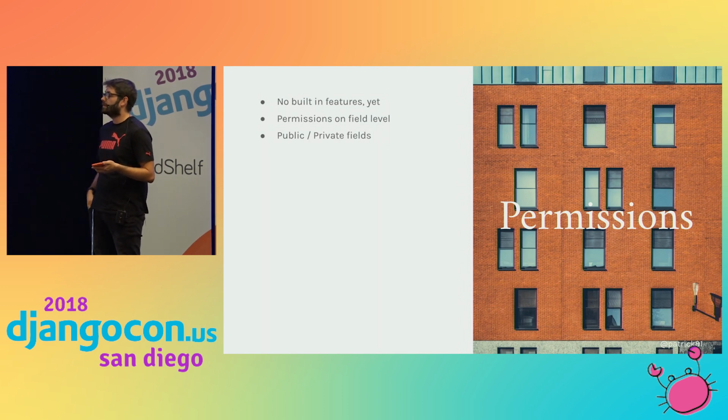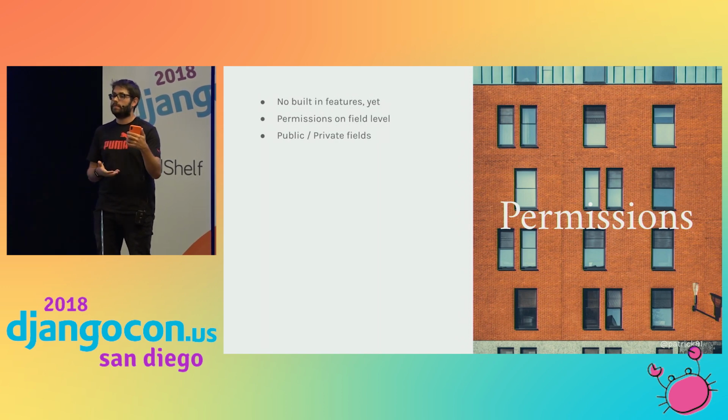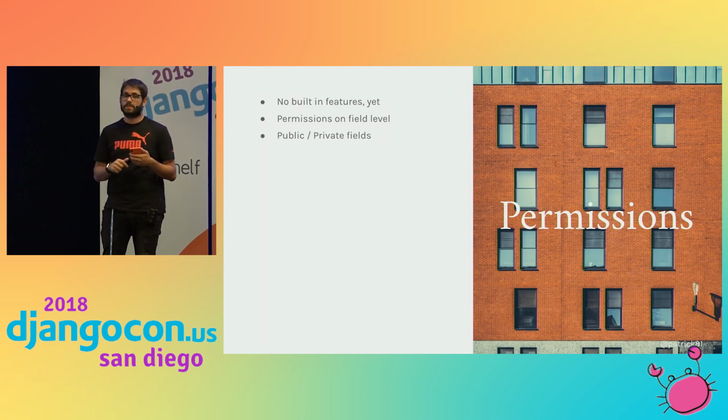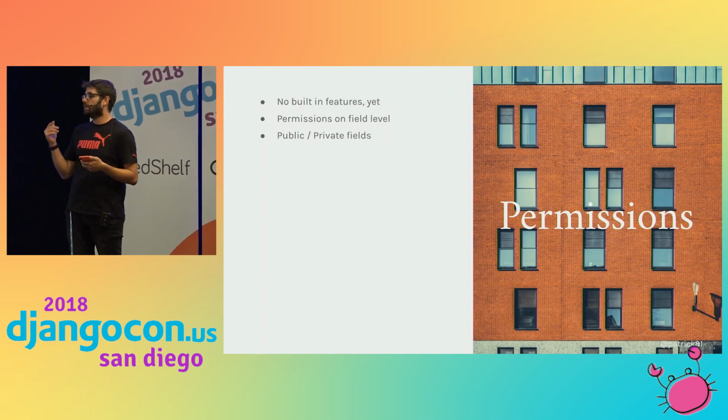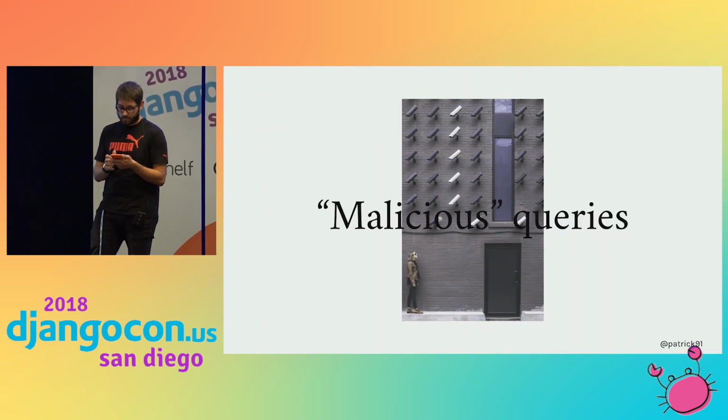Also you can have public and private fields, where you can hide fields from a certain user. GitHub is doing something like that, where they have a single GraphQL API that's used for both public and private access. They have some fields that are only available to the private API, but they only have one code base.